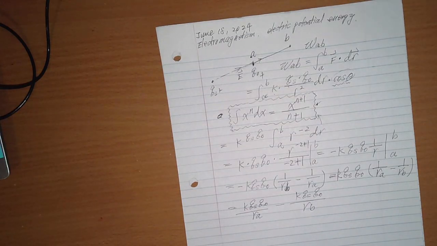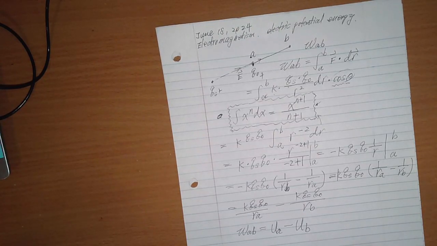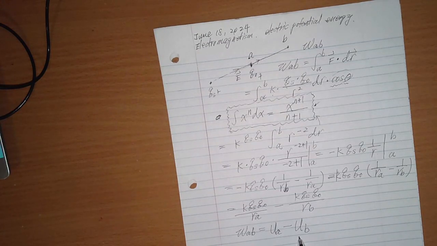Right? Remember last time when we were talking about work from point A to point B, that is equal to the potential energy at point A, the starting point, subtract the potential energy at the ending point.